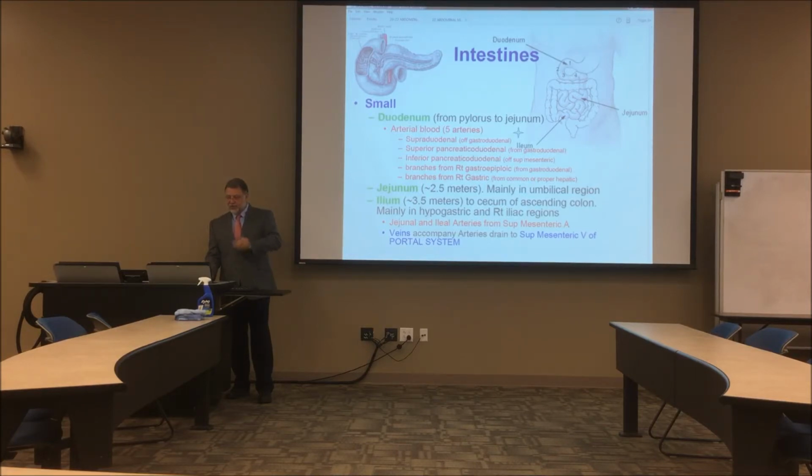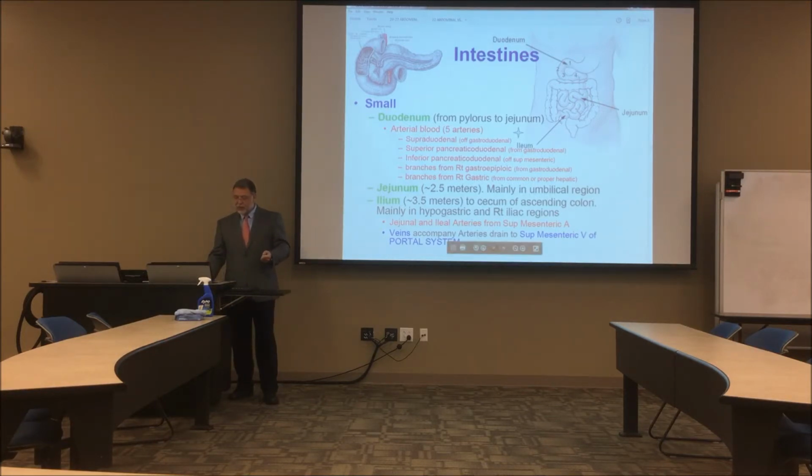The jejunum is basically in the umbilical region, and the ileum goes from that area. There's no specific way to cut jejunum and ileum, but it just ends where the cecum is, and that's where the ascending colon begins. Your appendix is there, at the cecum area.